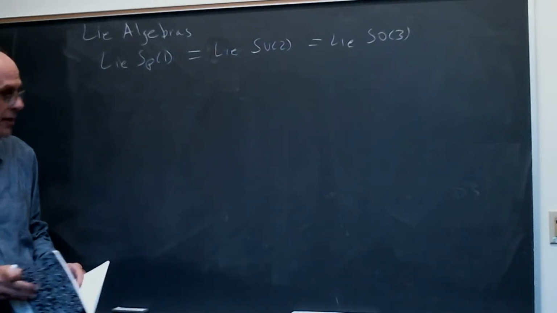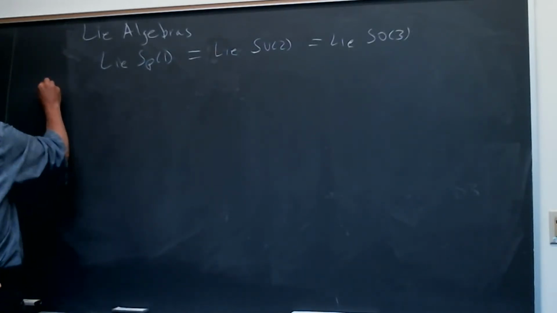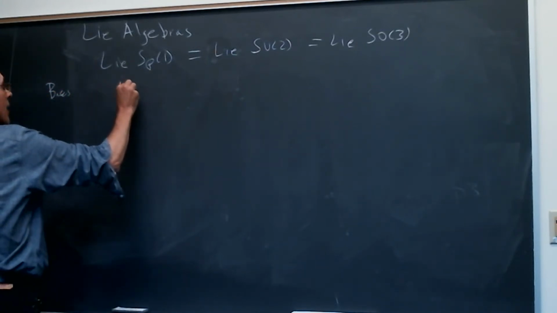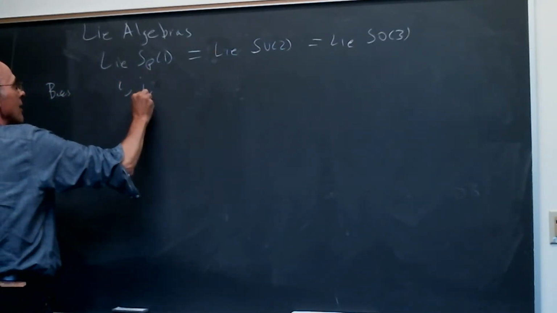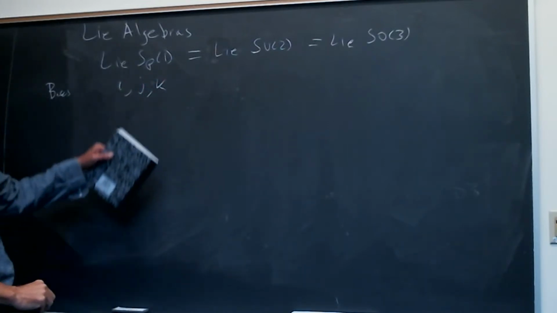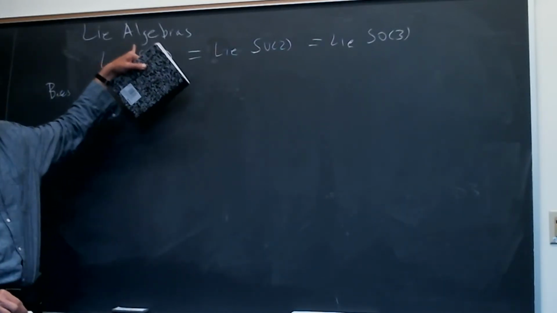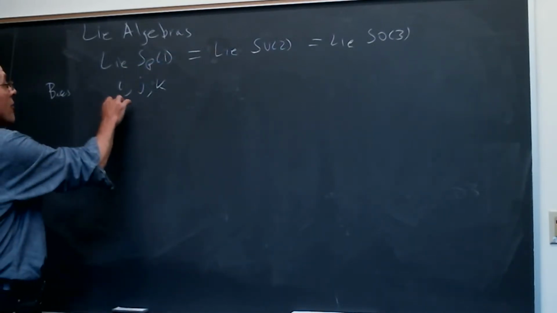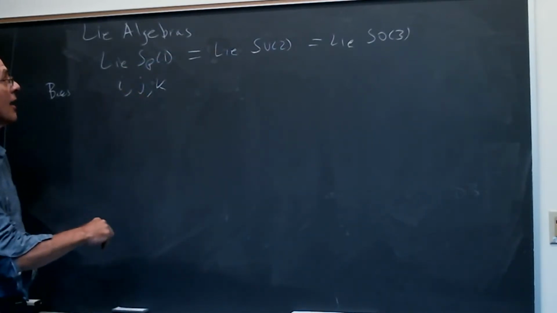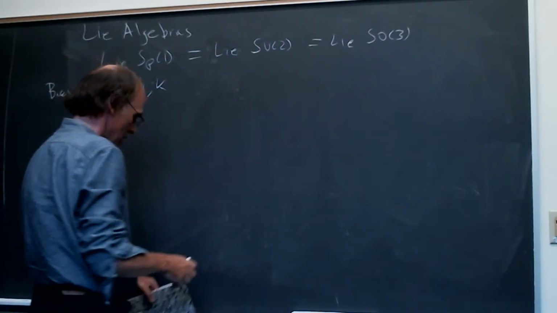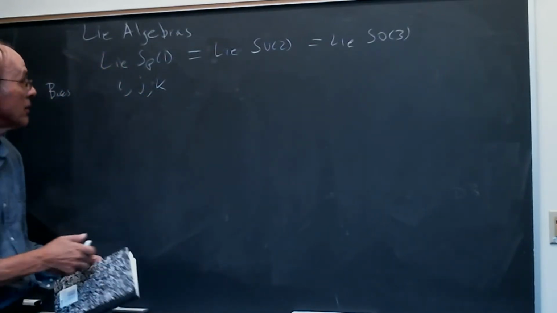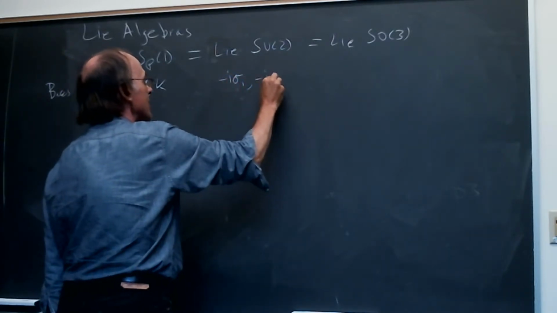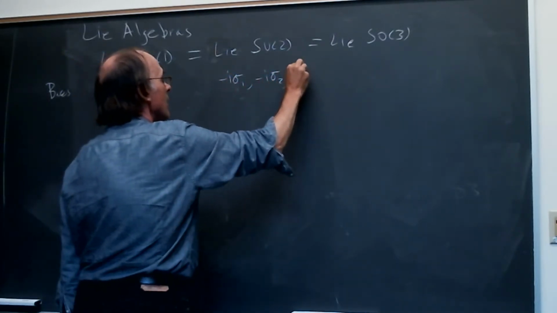In terms of bases, here you have the basis I, J, and K. All of these, as a vector space, are just a three-dimensional real vector space. Here you have a natural basis I, J, K. Here you have minus I sigma 1, minus I sigma 2, minus I sigma 3.